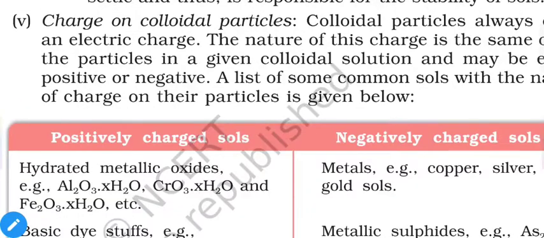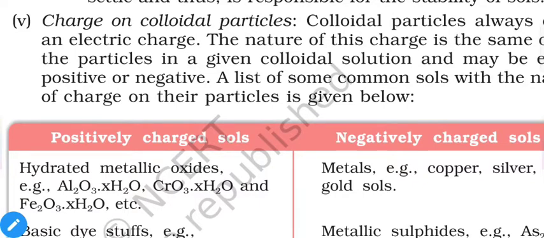Then we discussed the charge on colloidal particles. Colloidal particles carry positive or negative charges. They are not neutral particles, and this is the second factor which affects the stability of colloidal solutions. Because of similar charges, colloidal particles feel repulsion from each other, because as we know, like charges repel each other and unlike charges attract each other.